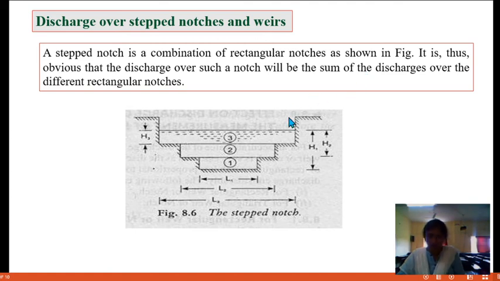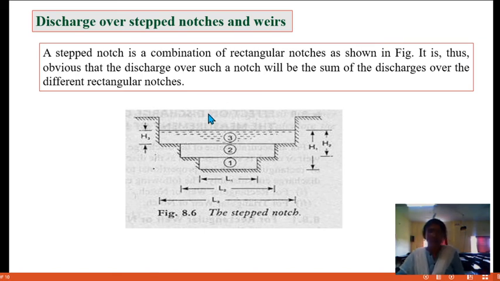From the water surface to the bottom of step 1, the height is represented by H1. From the water surface to the bottom of step 2 is H2, and the last is H3. This is one rectangular notch.